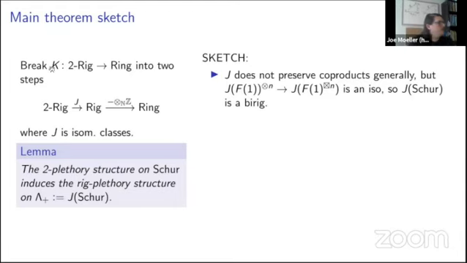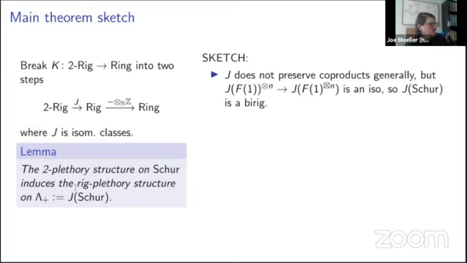So first I'm going to break taking the Grothendieck group or the Grothendieck ring into 2 steps. First is taking isomorphism classes, and then second is tensoring with Z to turn a rig into a ring. And so now here's an analog of the main theorem that only looks at the first step: the 2-plethore structure on the category of Schur functors is now inducing the rig plethore structure.